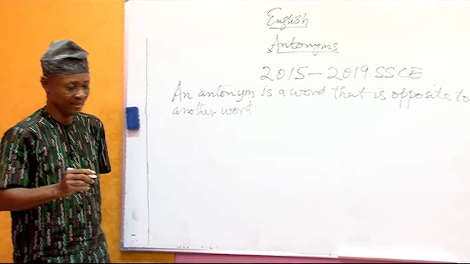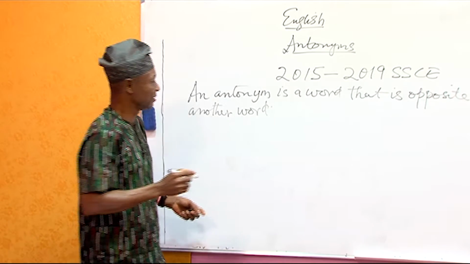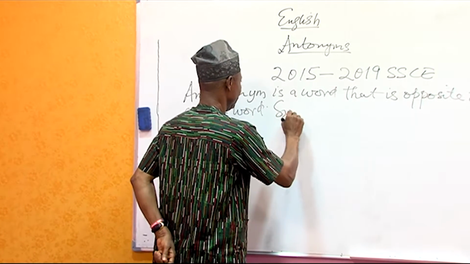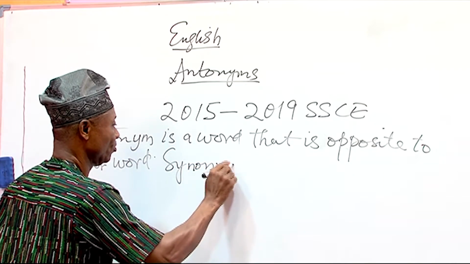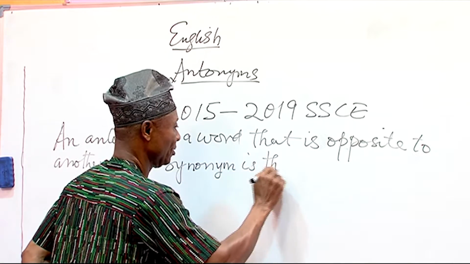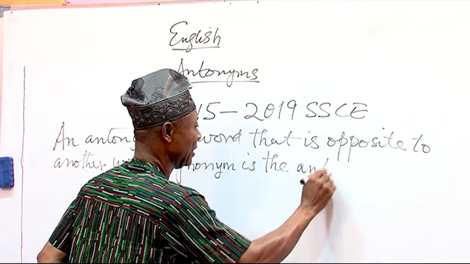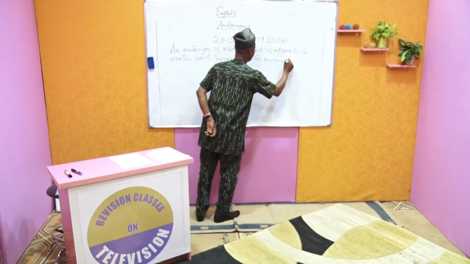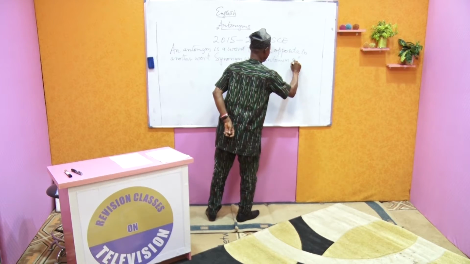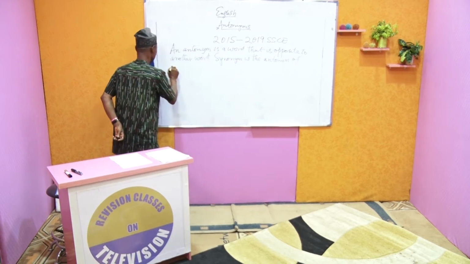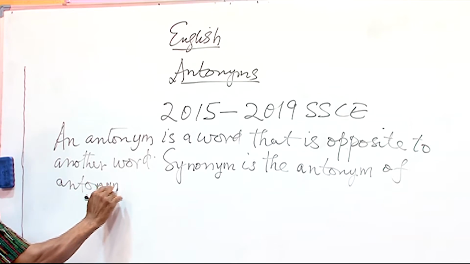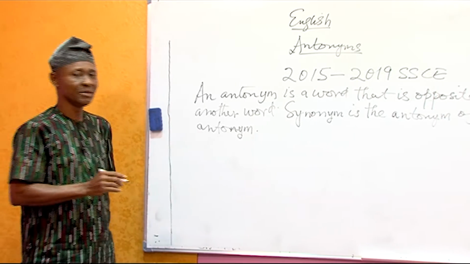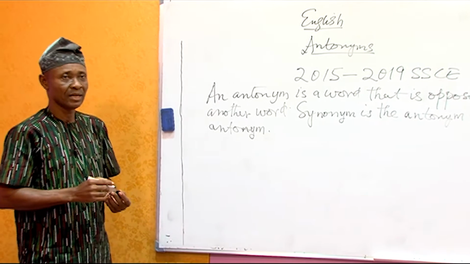In one word, one can say that synonym is the antonym of antonym. That is to say, synonym is the opposite of antonym.